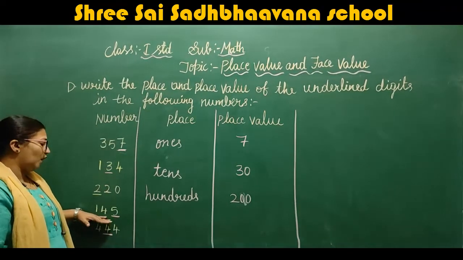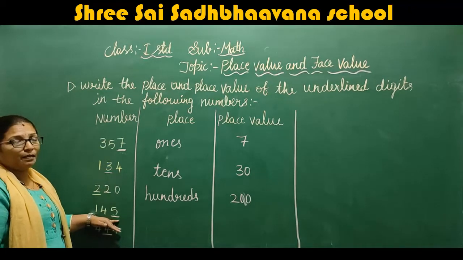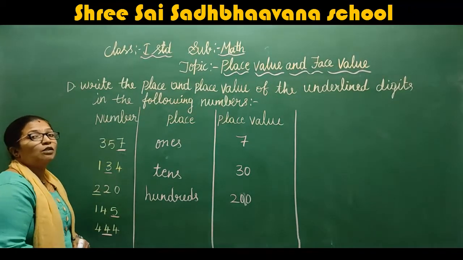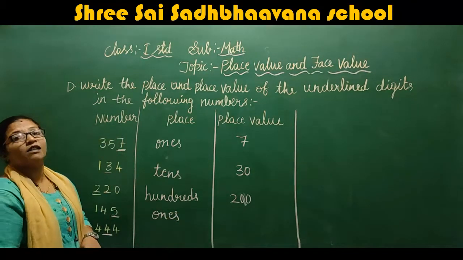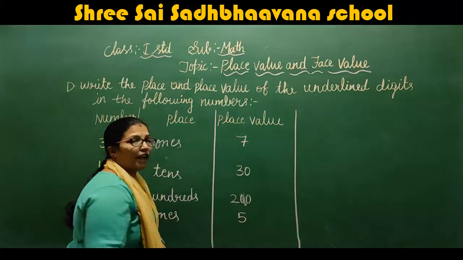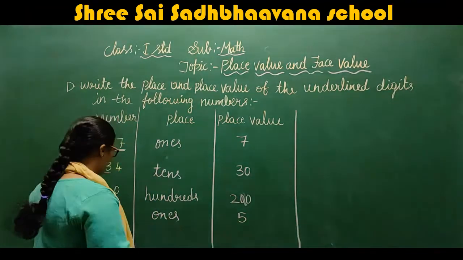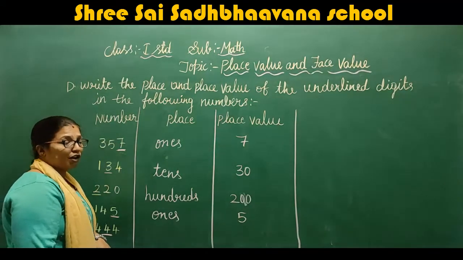Now 145. Which place is 5 in now? It is in the ones place. So what is the place value? 5. 5 ones are 5. Now they have given 444.